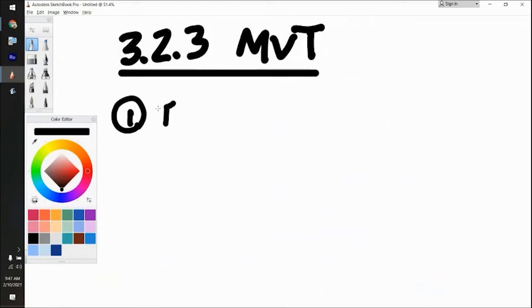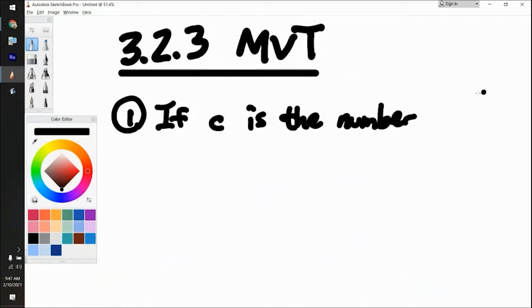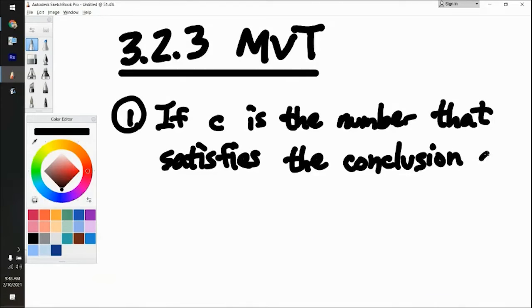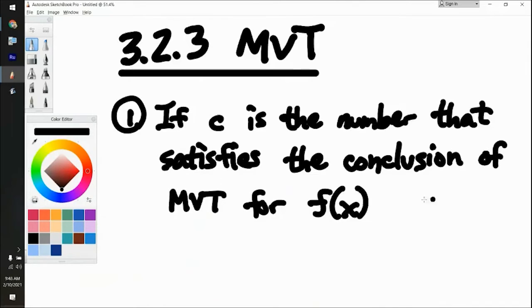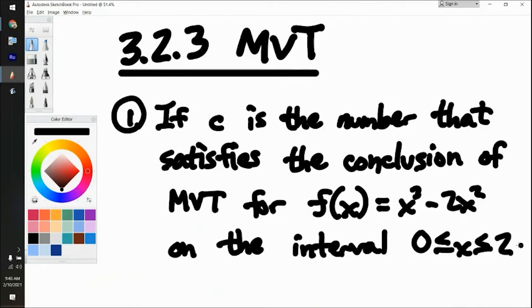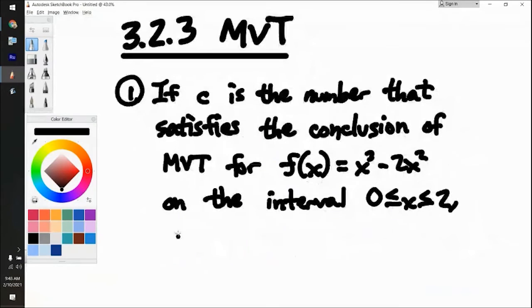It usually says something to the effect of, if C is the number that satisfies the conclusion of mean value theorem for f of x is equal to x cubed minus 2x squared on the interval from 0 to 2, then C is equal to what?